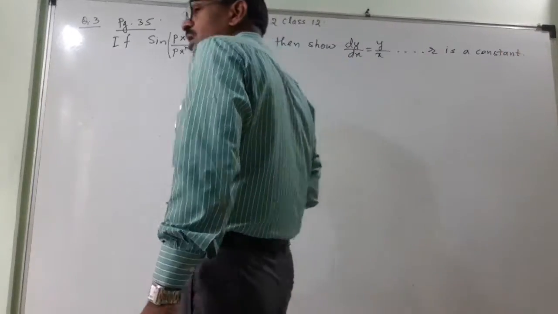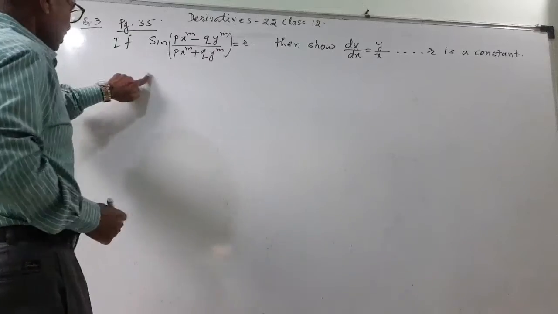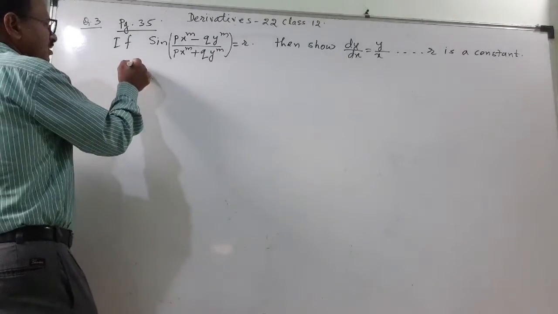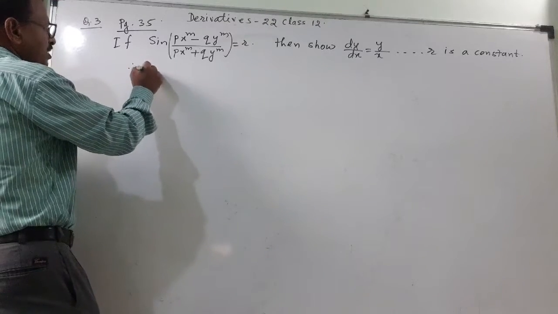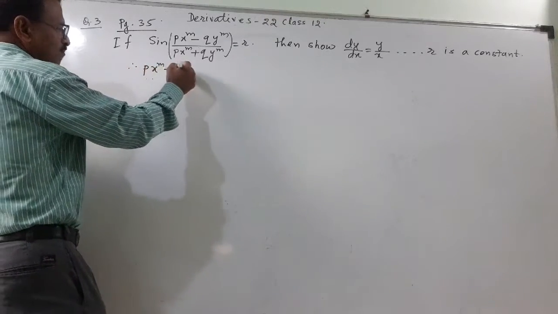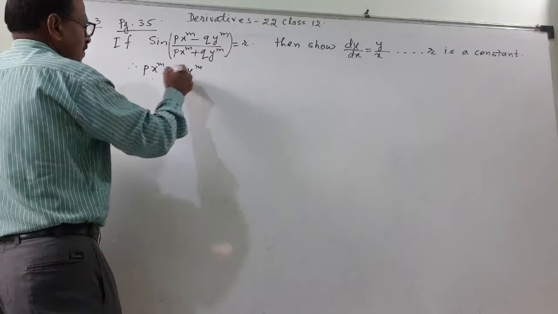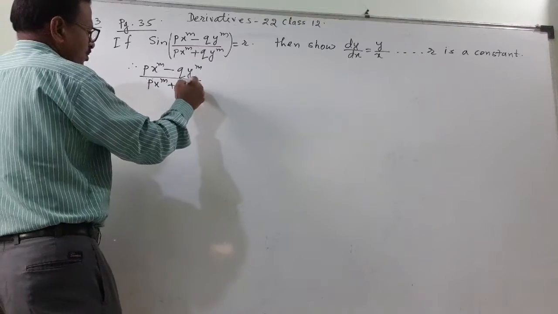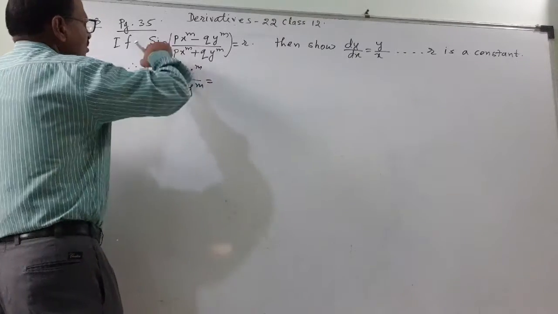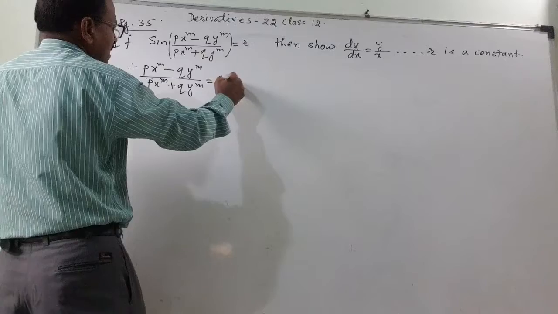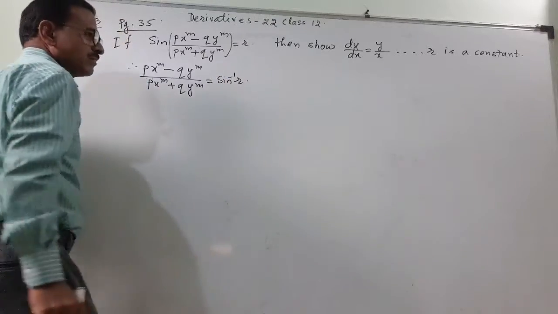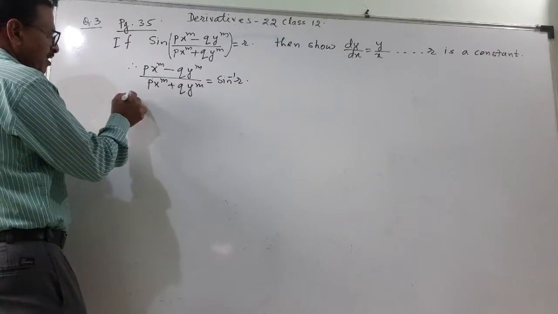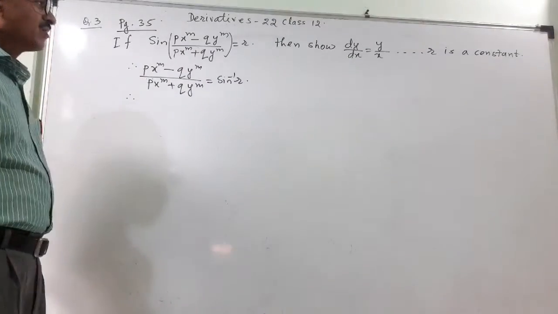This is a very peculiar sum. Always note that if such a type of sum comes, then what to do? The first step I am writing: (p x^m − q y^m) upon (p x^m + q y^m) is equal to sine inverse of r.